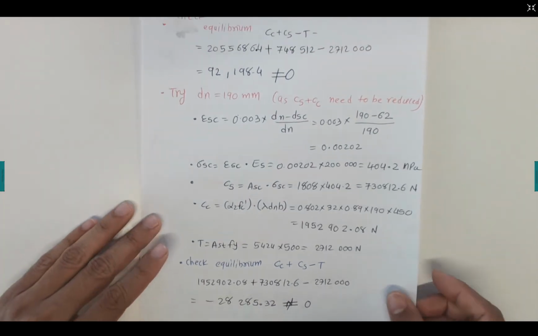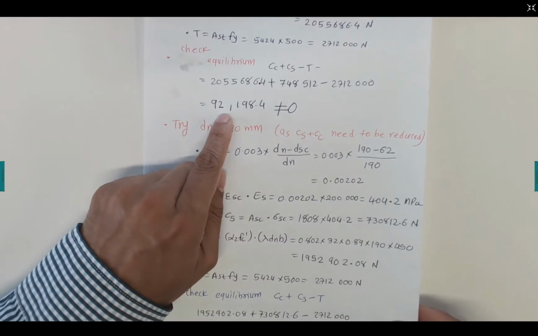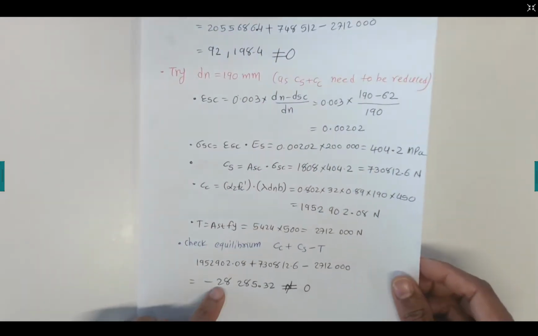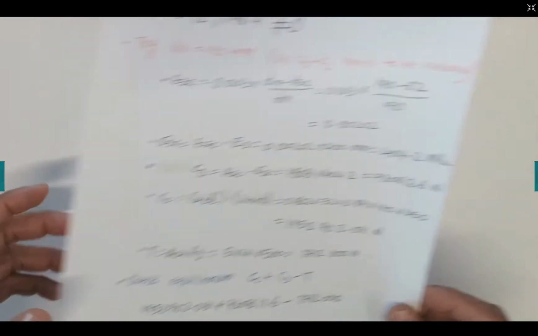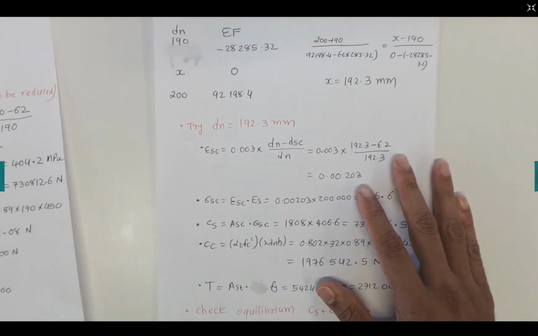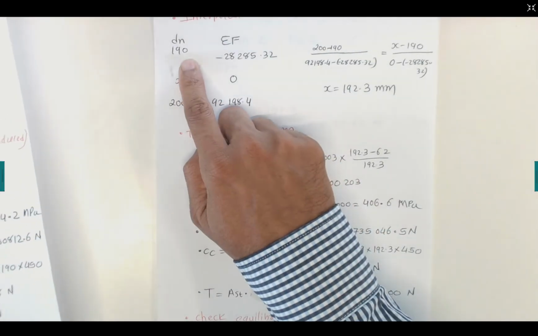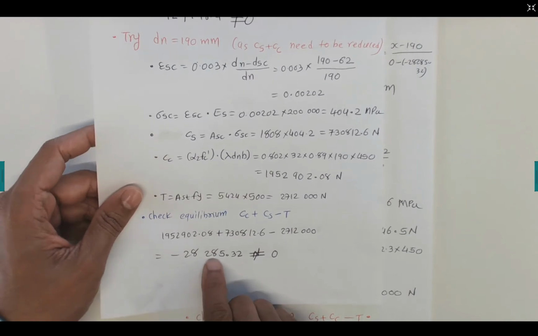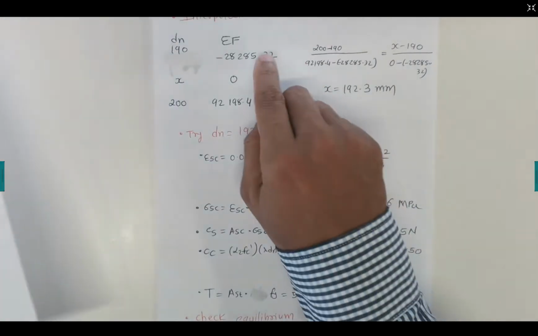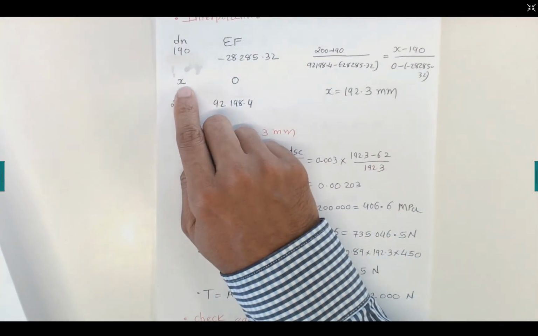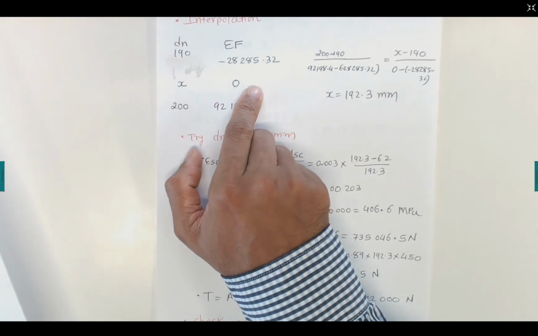Now we have 2 different values, one for 200 millimeters and another for 190 millimeters, so we can interpolate. We have 190 millimeters with a sum of force of minus 28.85.32, and we need to know the DN value when the sum of the force is 0.